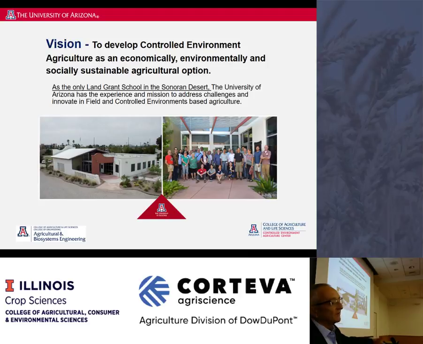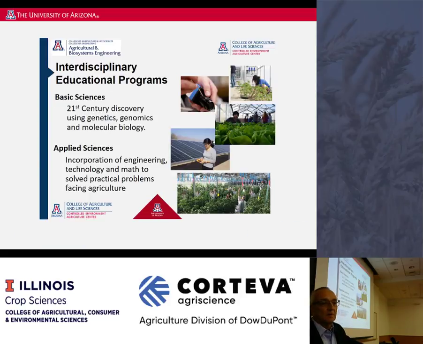But these are the people that are working to develop these systems that are, as it says here, an environmentally, economically and socially sustainable option, not a replacement for field production agriculture. And we continue with educational programs that take the basic sciences and apply them, using engineering technology and math, to solve practical problems that face the industry in a controlled environment.